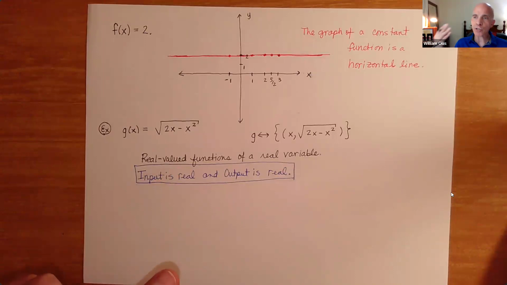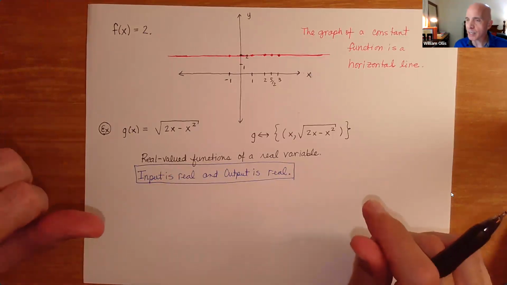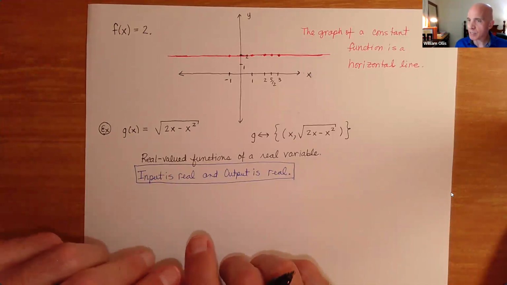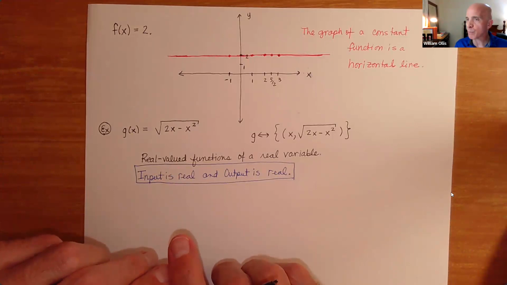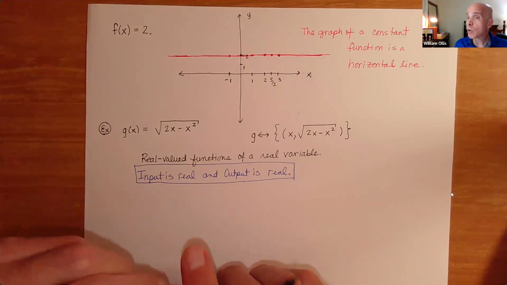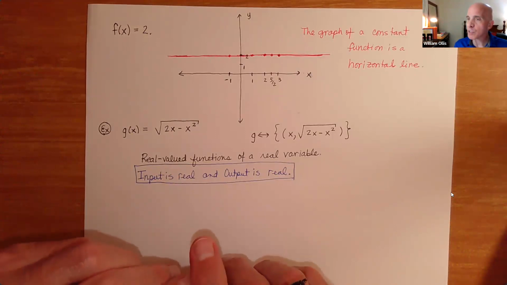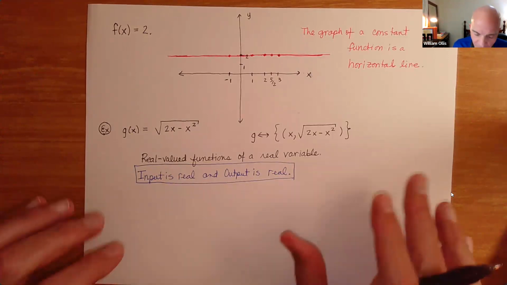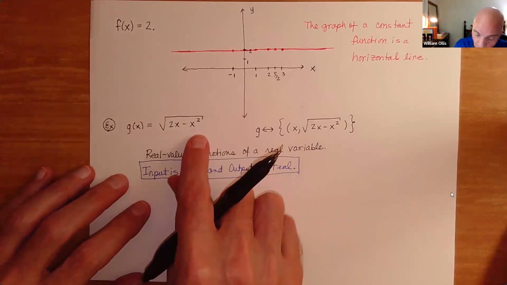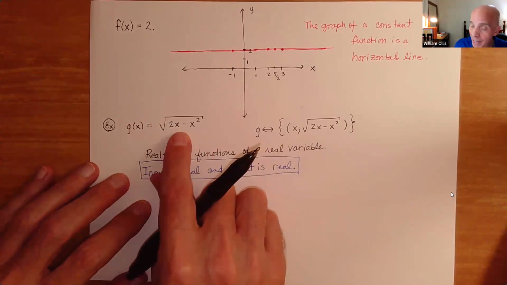So say that to yourself many times: real valued function of a real variable. These are the objects that you study in the standard calculus sequence. And so that's what we want to prepare you to understand, so that when you take the calculus sequence, you will have sufficient background.